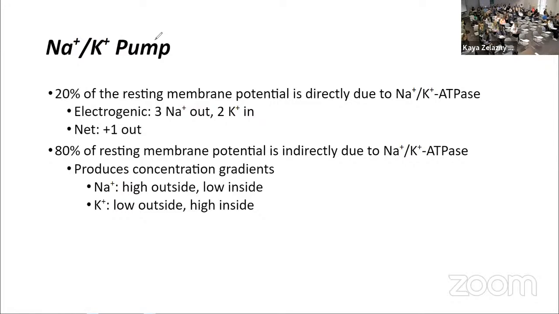And we have the reverse for our potassium ion. We have low potassium concentration outside the cell, high potassium concentration inside the cell. Those concentrations are going to set us up for the rest of our resting membrane potential. So the rest of the way we get to that -70.